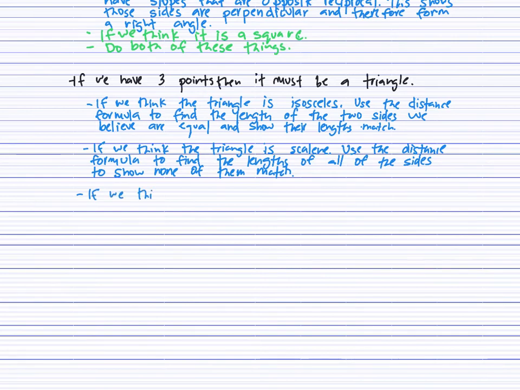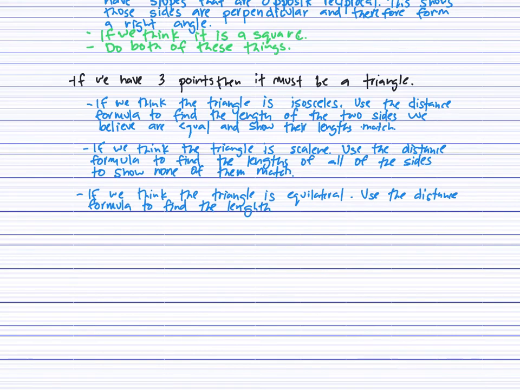Equilateral then is basically just the opposite of that. If we think the triangle is equilateral, use the distance formula to find the lengths of all of the sides to show they all match.